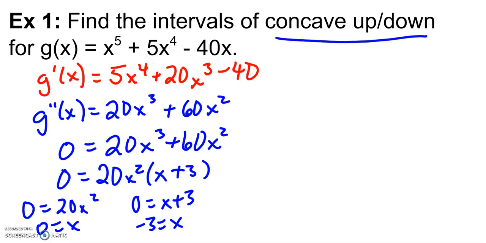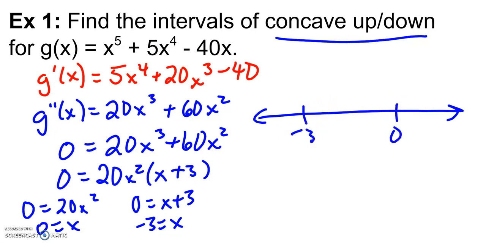Okay, so again, similar to what we did with increasing and decreasing intervals of the first derivative, we're going to find our number line. We're going to put our numbers, negative 3 and 0, on the number line, and we're going to plug this now into the second derivative. So I'm going to take something here.